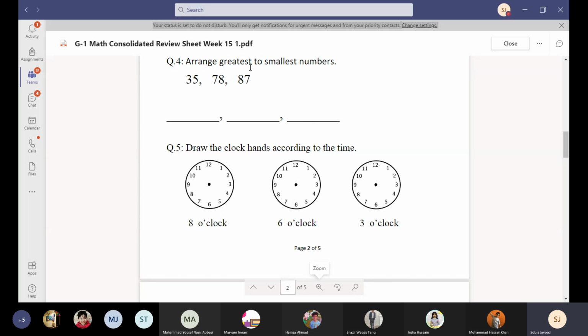Arrange the numbers from greatest to smallest on your paper, and then you have to draw these clocks and draw the clock hands to show this time.